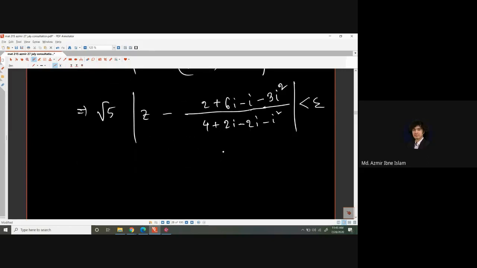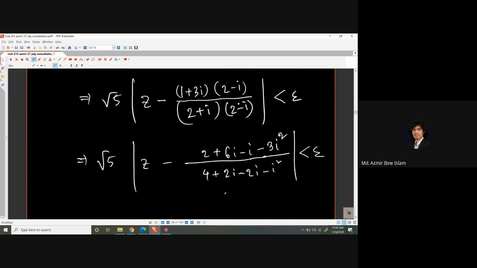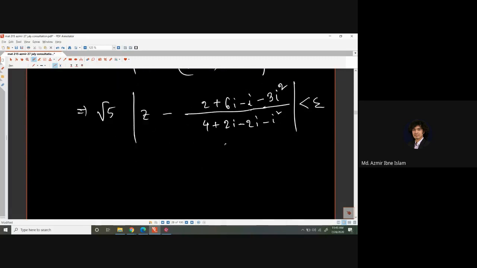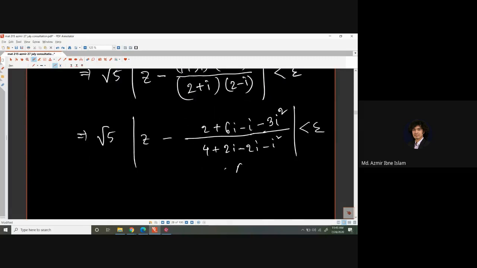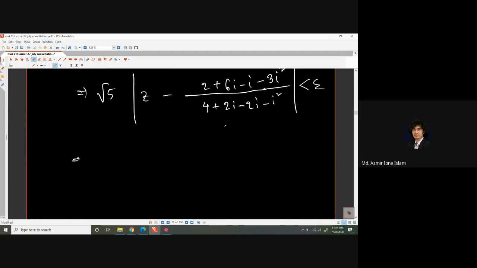Yes, sir. Our target is to reach the a plus bi form, so that's why we are rationalizing this. The concept that we have applied here, multiplying with the conjugate in both numerator and denominator, is called rationalizing. And a plus bi, or x plus yi, is the standard form of a complex number. So we are going to have that part finally.